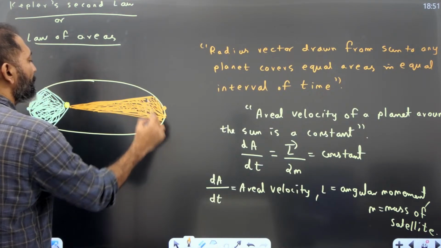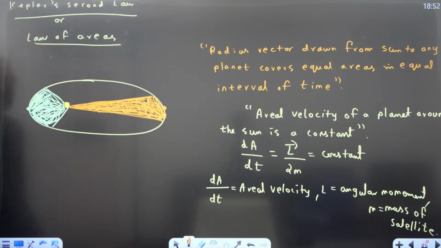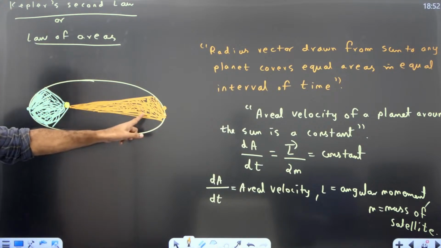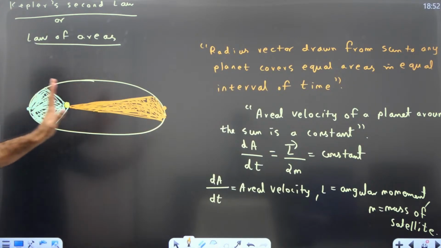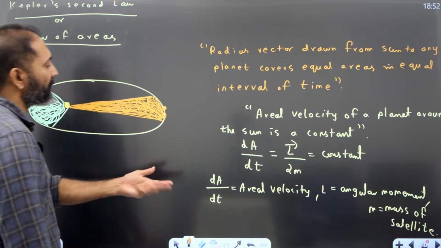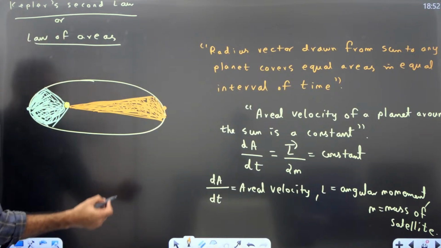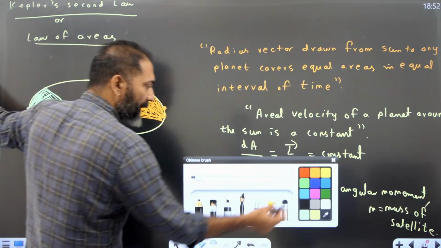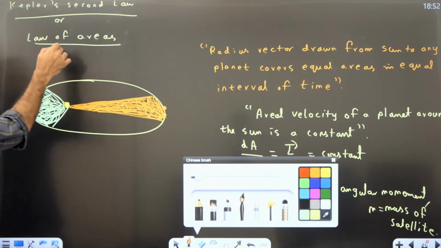That is, this shaded area and this shaded area both will be the same. That means what? Area by time is what? Aerial velocity. I will explain this topic in relation with system of particles and rotational motion.